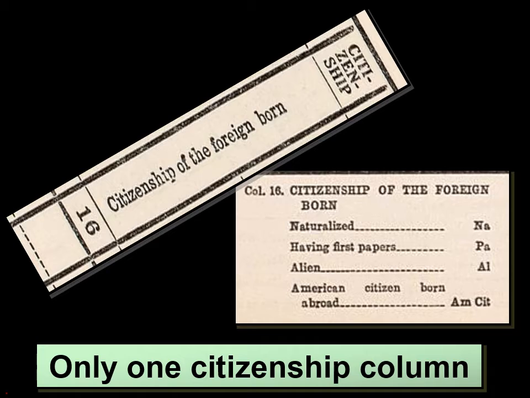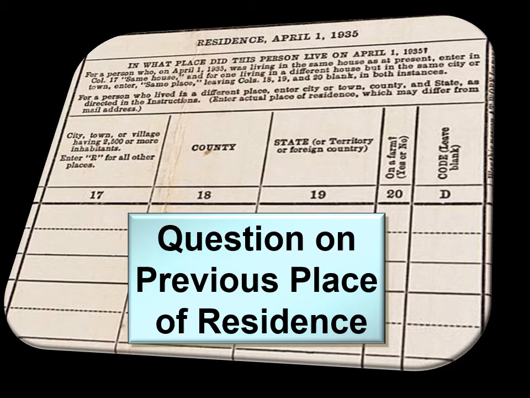There was a citizenship question of the foreign-born here, and there's only one citizenship column. If you're an immigrant, you're either naturalized, you have applied during the process, you haven't, you're an alien, and then there's this American citizen abroad. You are an American citizen.